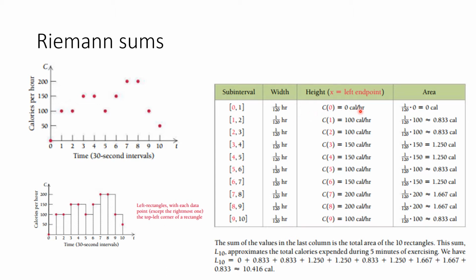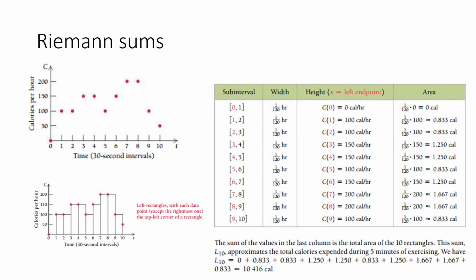We're multiplying calories per hour times hours, and we're getting calories for each of those rectangles, and we can add them together and find that the total calories burned in this workout of 5 minutes is around 10.416 calories.